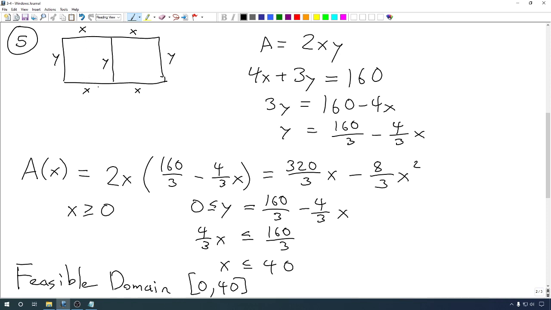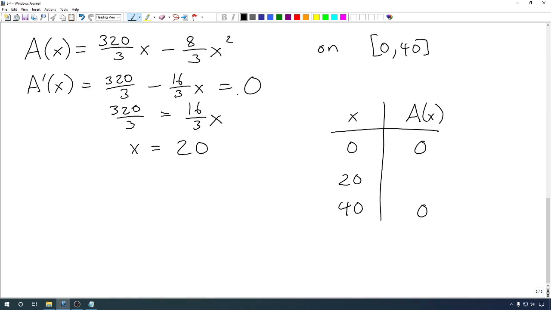And if those lengths are 0, then we don't have any area to talk about. We essentially get one big long vertical fence. When x equals 40, that's the case when y was equal to 0. In that case, we have one long horizontal fence. In either case, we end up with an area of 0. And we can find that by just plugging those into the function if we wanted to.